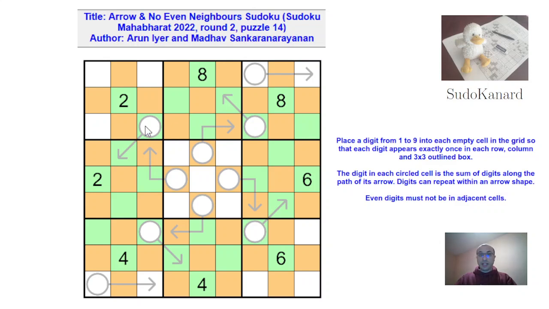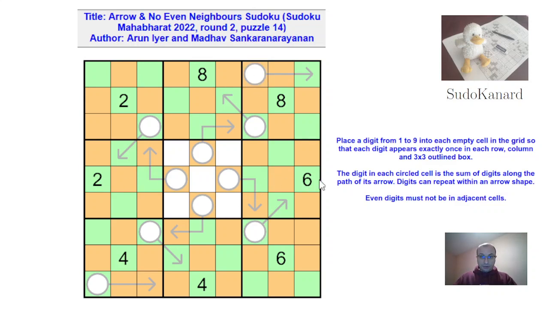But now this row has 4 even digits, so this is odd, and here are the last 2 even digits here. This column needs a 4th even digit, so that's odd. Here we need 2 other even digits, and that's odd. 4th even digit in the column, so that's odd.